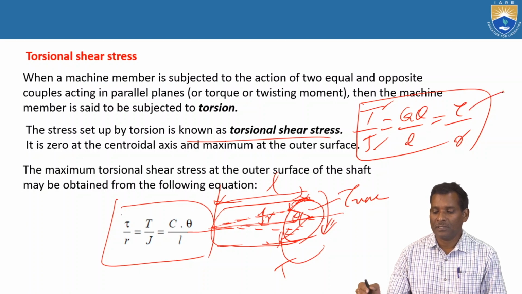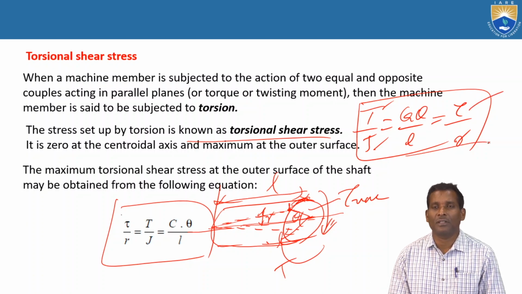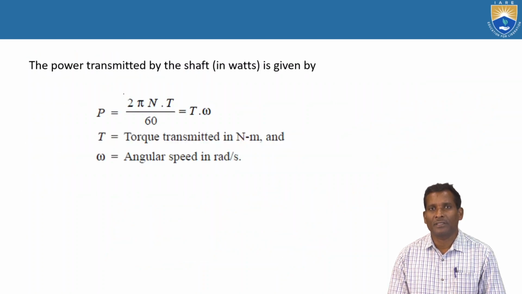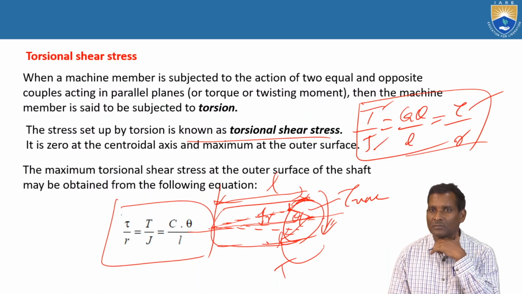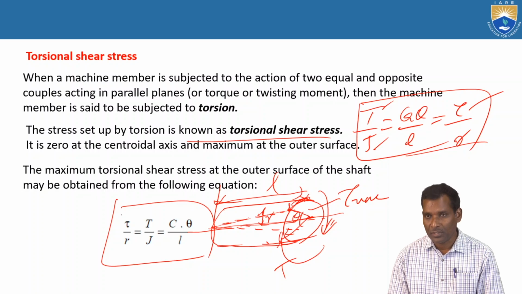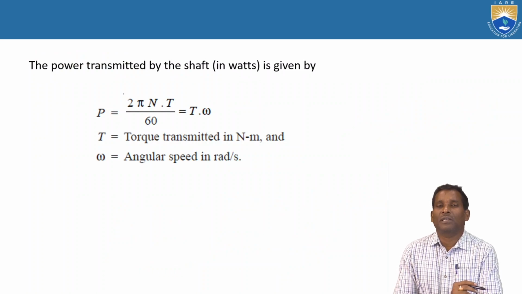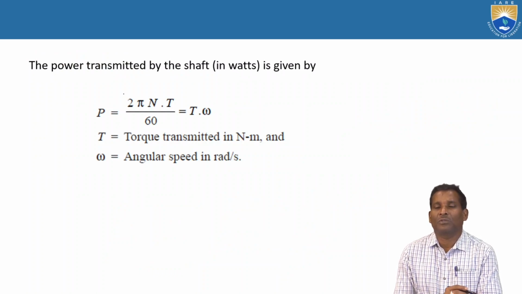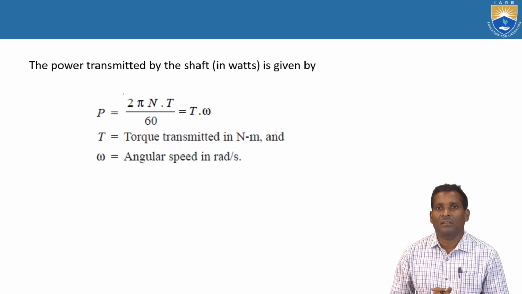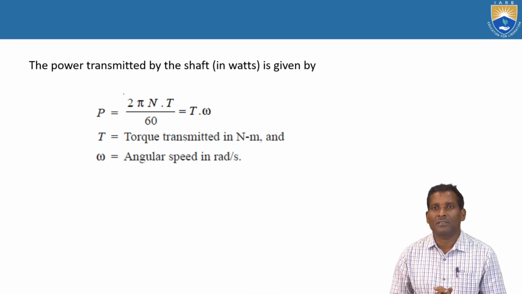Tau is the shear stress induced in the object due to this torque or twisting moment. R is the radius of the object cross section. By using this equation, you may calculate torsional shear stress.